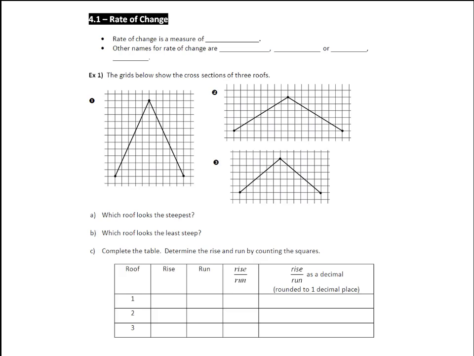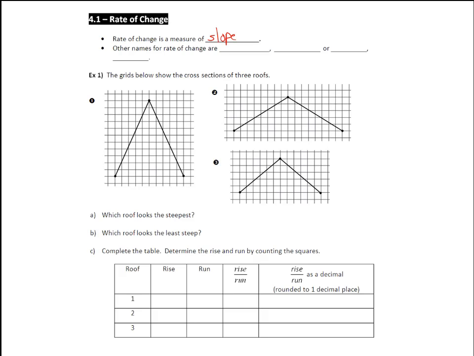Good morning, class. This is 4.1 rate of change, and let's just jump into it. Rate of change is a measurement of, well, the most common term is slope, so we're going to stick with slope.